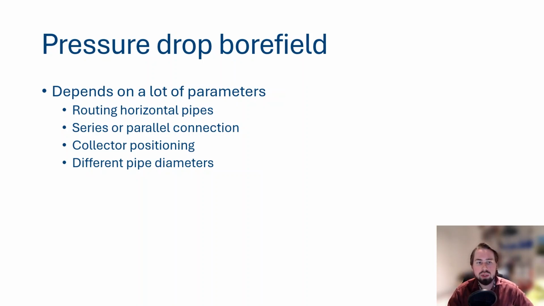For example, the way we route the horizontal pipes, if there are quite a lot of right angles, if we just connect the boreholes directly to the collector, or we use series of parallel connections, it has an influence on how the flow behaves in the system and what the pressure drop of the bore field in fact is. We have the importance of the collector positioning, if we have sub-collectors or not. Perhaps we use different pipe diameters also, and this all has an effect on the pressure drop.